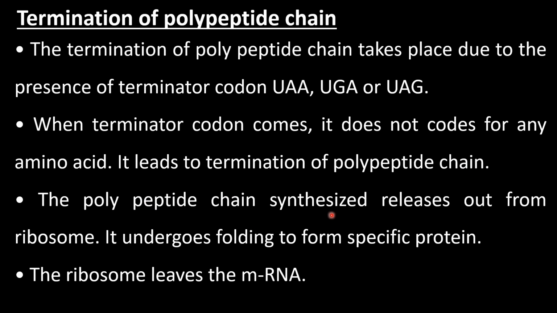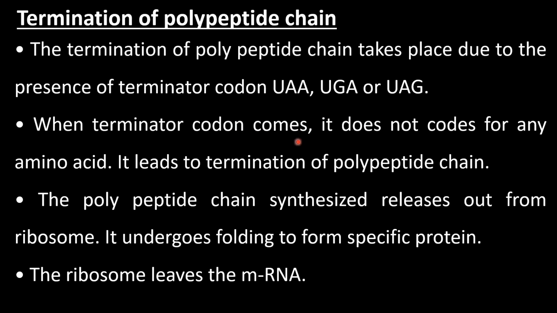The polypeptide chain synthesized is released from the ribosome. It undergoes folding to form a specific protein and the ribosome leaves the messenger RNA. So here the last step is the termination, and this termination occurs by the presence of terminator codon. The terminator codons are three.